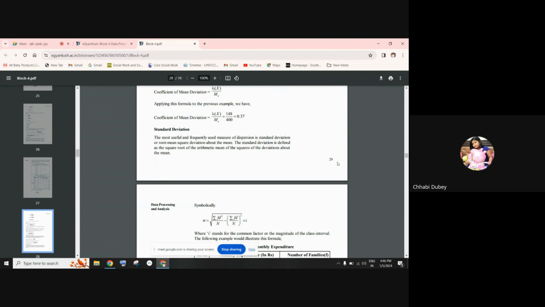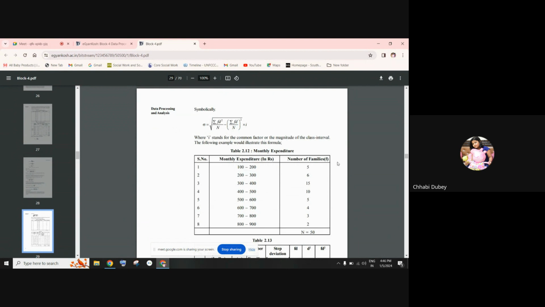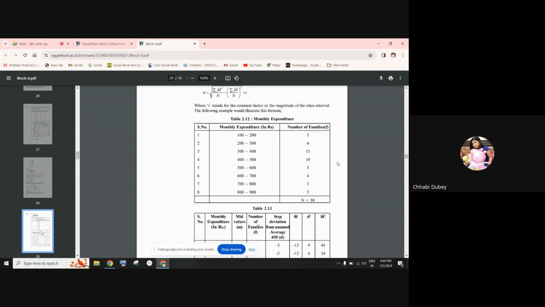The standard deviation is generally defined as the square root of the arithmetic mean of the squares of the deviations about the mean. Symbolically, this is the formula which stands for the standard deviation, and any standard deviation can be calculated of the given values. They have given an example here where you can apply the formula and then calculate the standard deviation.